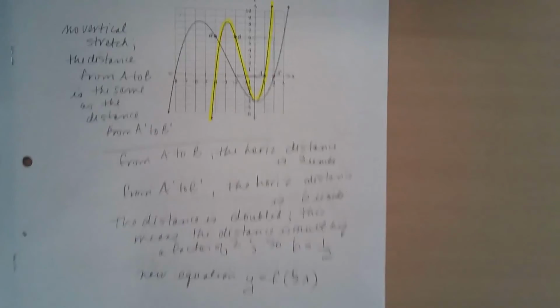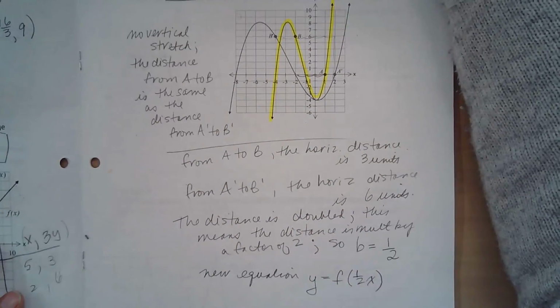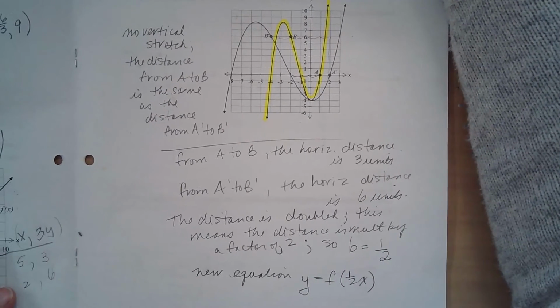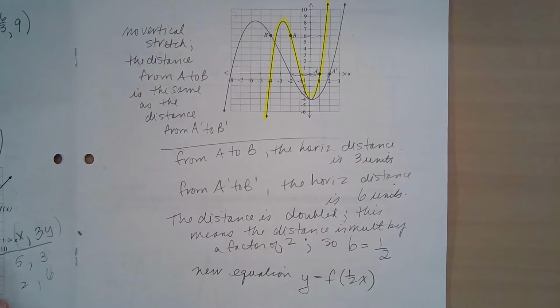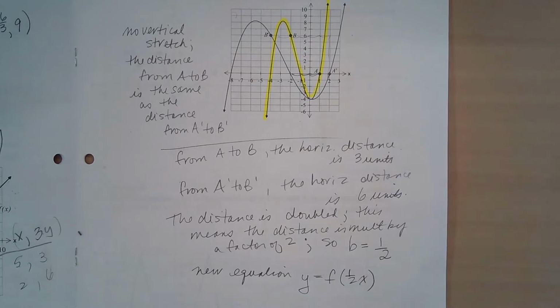And so usually maybe there's one on a homework assignment, like a big review assignment, or on a test. You won't get something like this on the final exam, like not the provincial exam. But it gets trickier when there's a couple of shifts and a stretch or compression, right? Because we're going to see tomorrow or Friday we might have an A and a B and an H and a K. Those are the ones that get trickier, right?